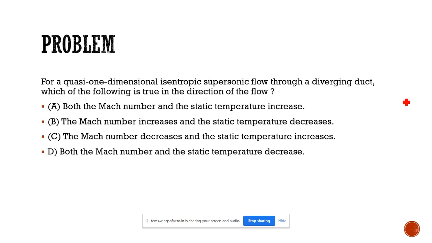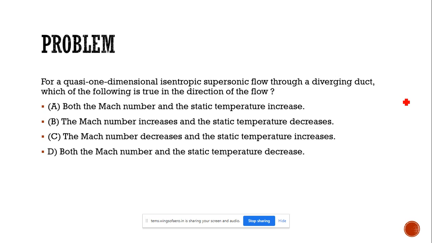Just tell me the answer for this question. For a quasi one-dimensional isentropic supersonic flow through a divergent duct, which of the following is true in the direction of the flow? So they have given a quasi one-dimensional isentropic supersonic flow through a diverging duct.